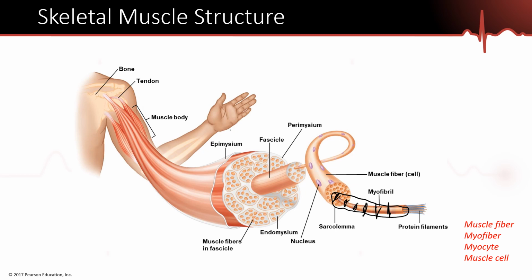Right there you can see it. You can see this image that we've been looking at for a very long time now in these different lectures. You can see one myofibril being pulled out of a muscle fiber. And you can see even in this image that the myofibril is made up of these repeating segments of sarcomeres.